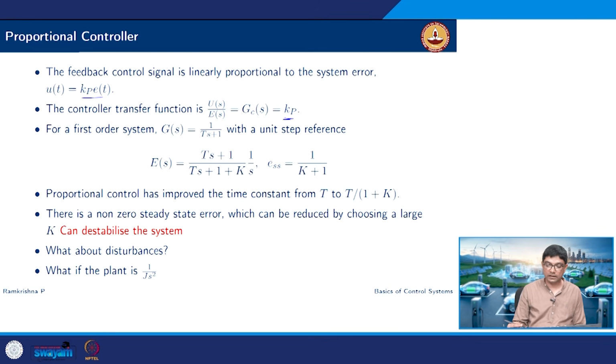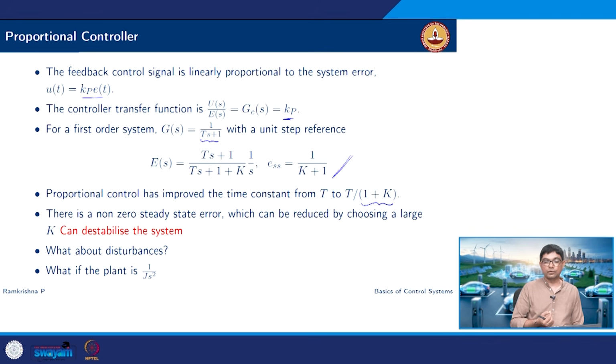If I look at a first order system of the form 1 over Ts plus 1, the steady state error has the form of 1 over K plus 1. What we see is that the proportional control has improved the time constant from T to T over 1 plus K. But there is still a non-zero steady state error.